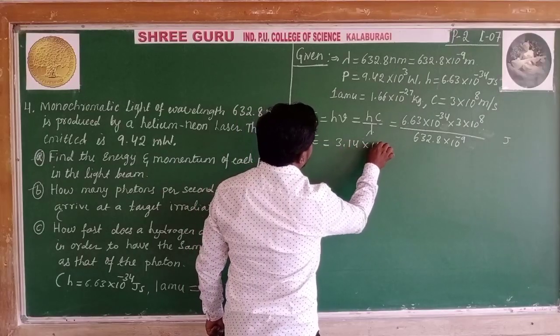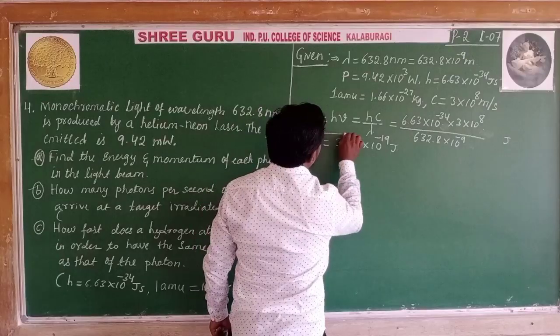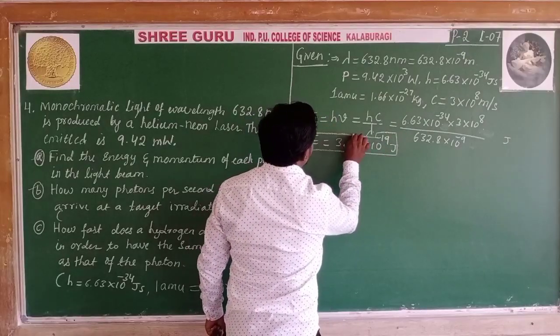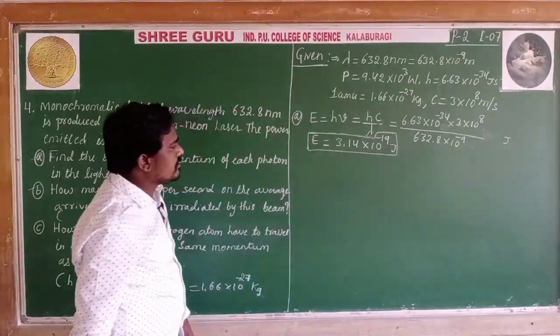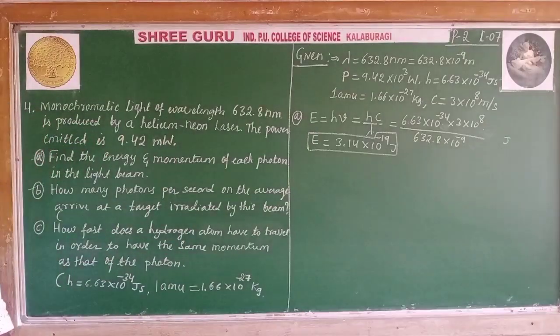Finally we are getting this much energy, that is 3.14 into 10 raised to minus 19 joule.